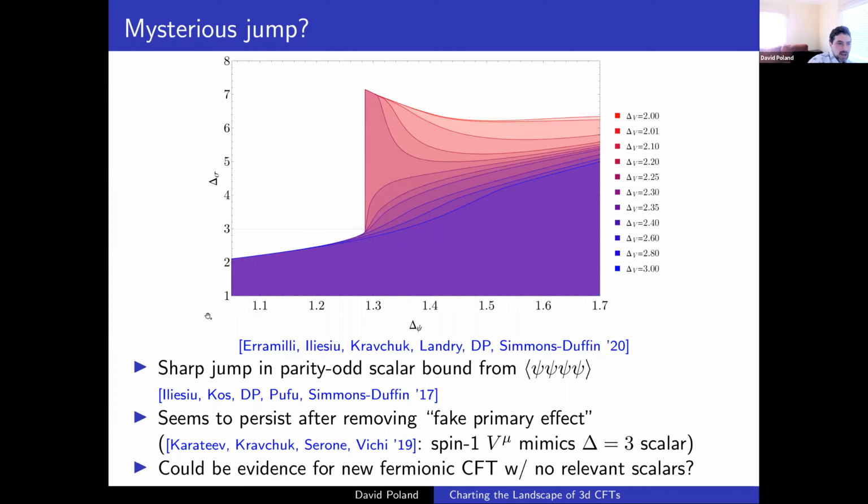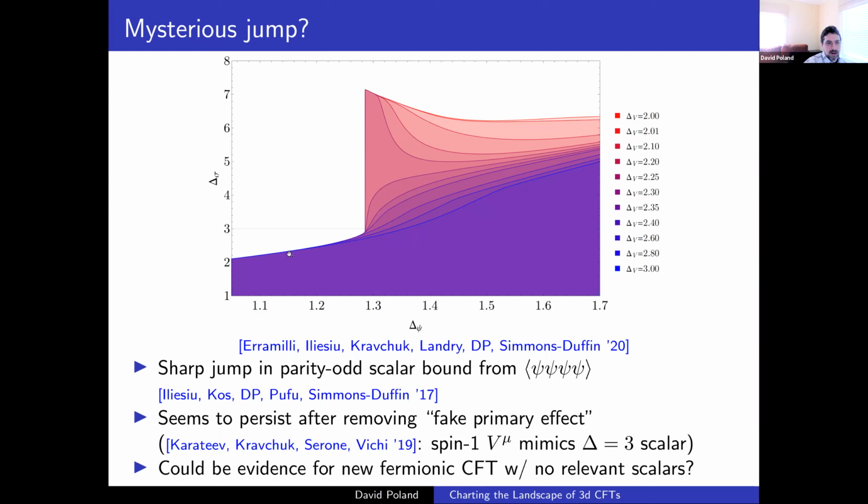correlation functions. So something very curious happens when you look at a 4-point function of fermions and bound the leading parity odd scalar operator sigma appearing in the fermion-fermion OPE. You basically see a bound which starts at 1, 2. So this is like a free fermion theory.